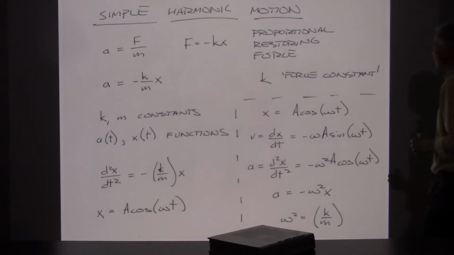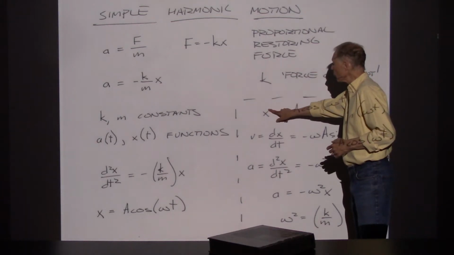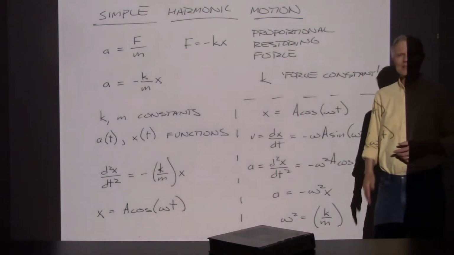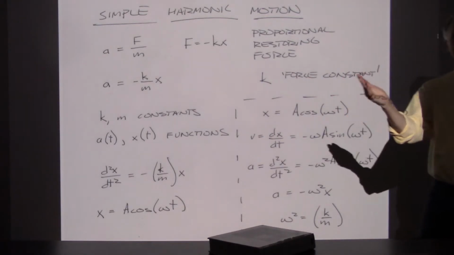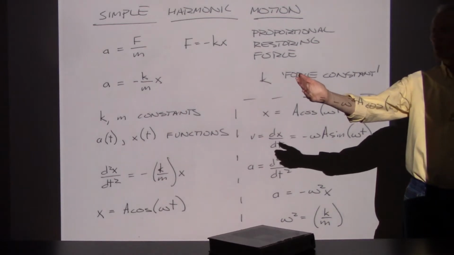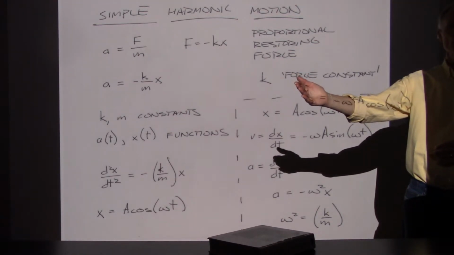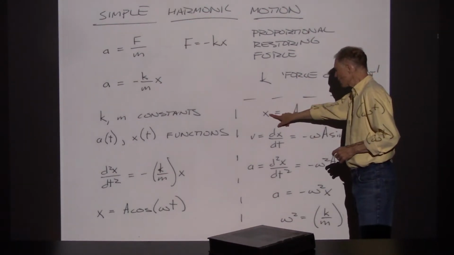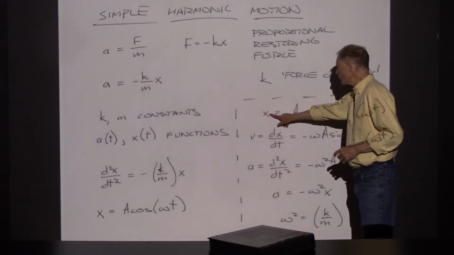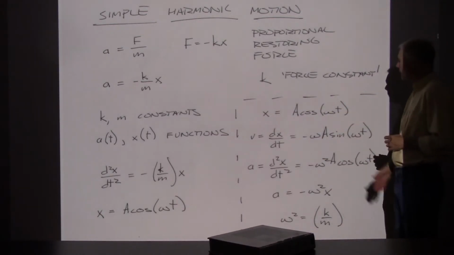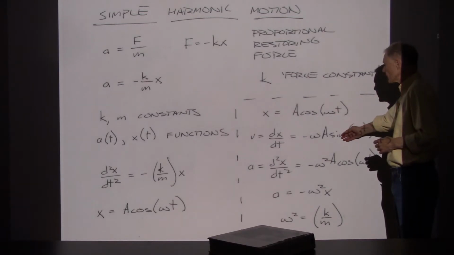What that indicates is when the displacement is the largest, the velocity is 0. Well, that makes sense. If I've got something oscillating back and forth, at the extremes, the object momentarily is stopped. Just for an instant, v equals 0. Now, when we're at the equilibrium point, when x equals 0, the velocity is going to be at its highest value. So if this is a cosine, this is going to get represented as a sine.